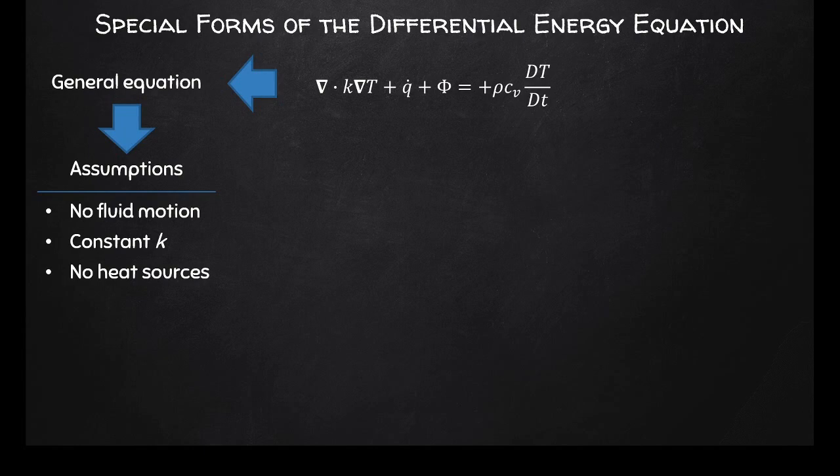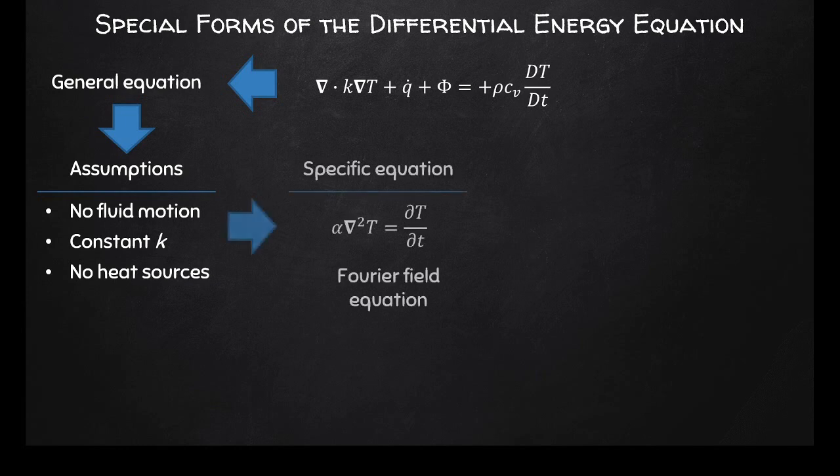Now, when dealing with problems, what I want to look for is that you complete an accurate or a reasonable analysis of the problem, and this will typically be reflected in your choice of assumptions that you've made. Using these assumptions on the general equation, we will derive a specific form of the equation.